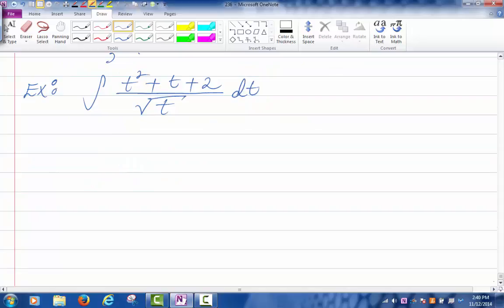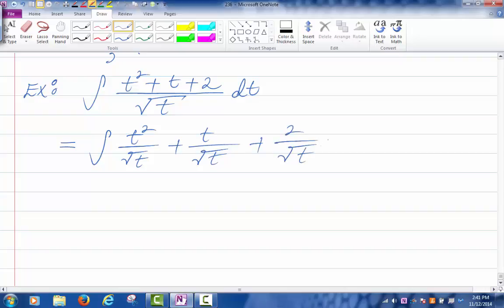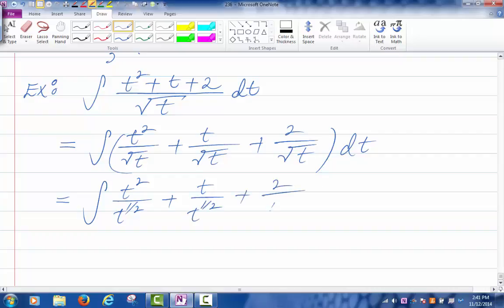Very good. Write the fraction as a sum of 3 terms, and then write each term as a power of t only. You can rewrite this as t squared over root of t plus t over root of t plus 2 over root of t. So this is the integral of t squared over t to the half plus t over t to the half plus 2 over t to the half.